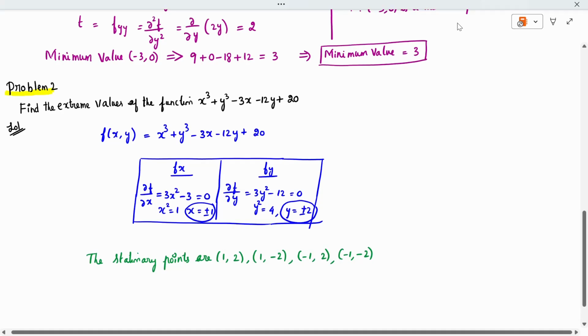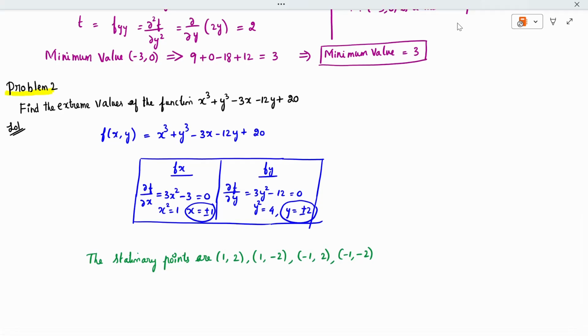So these 4 are stationary points. This is the way we have to do it. Now we are going to check for all the 4 points whether each is a maximum, minimum or saddle point, one by one.